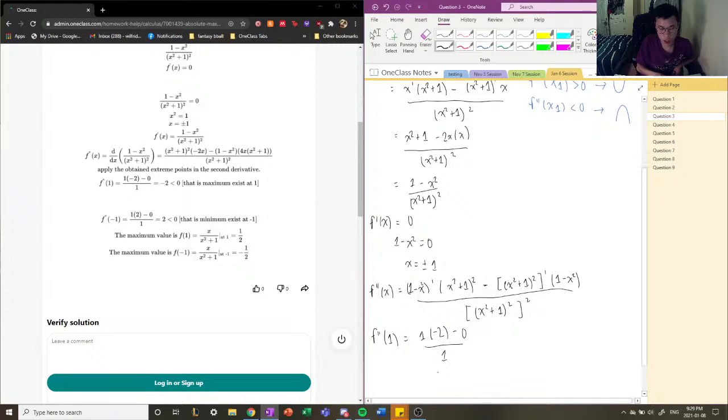And this is all divided by 1, and this equals negative 2. So that means that f double prime of 1 is less than 0. Therefore, x equals 1 is an absolute max.